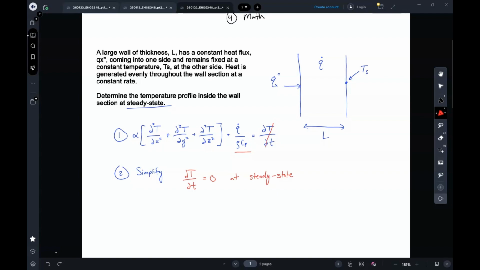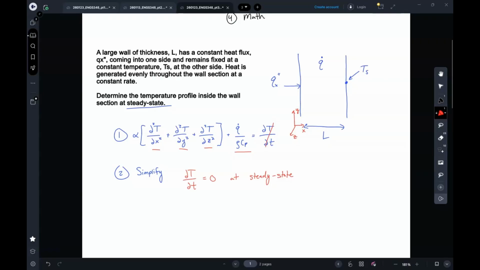Now we have our coordinate system. So we have x and y and z. And what these individual terms are asking us is in which directions do we expect there to be changes?